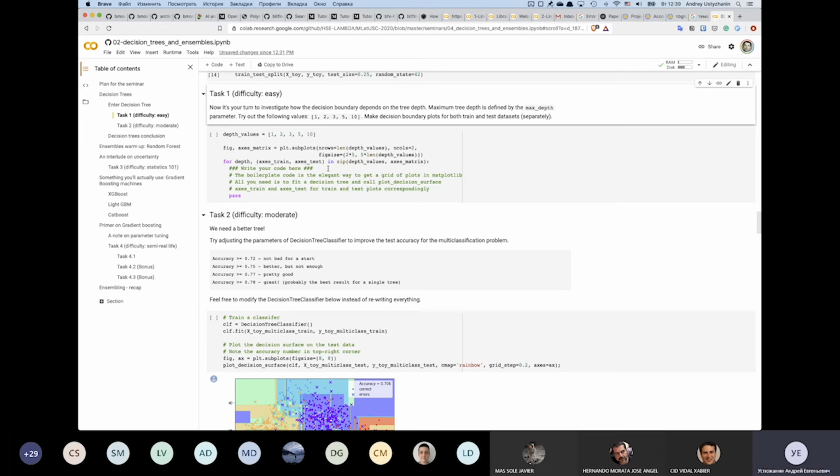Is it clear what you should do there? Okay, then I hope it is. Please take maybe 3-5 minutes to fill this gap in the code.